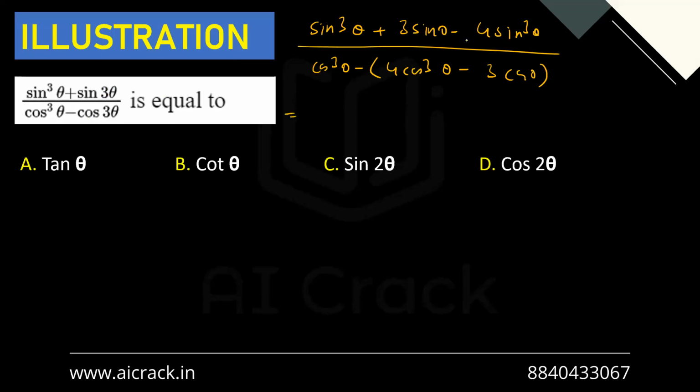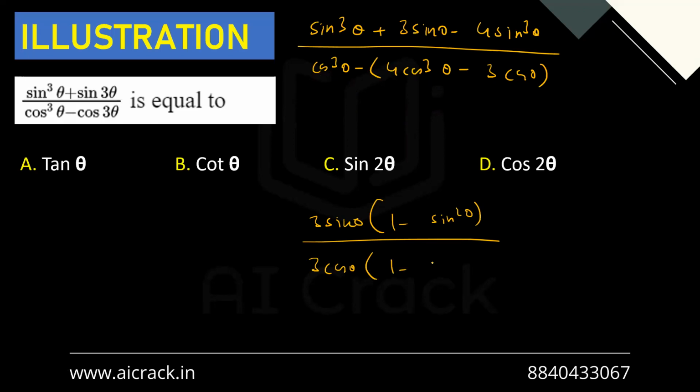So it becomes, if we take 3 sine theta as common in the numerator, 1 minus sine square theta, divided by, similarly, if we take 3 cos theta as common over here, we have 3 cos theta minus 3 cos cube theta.